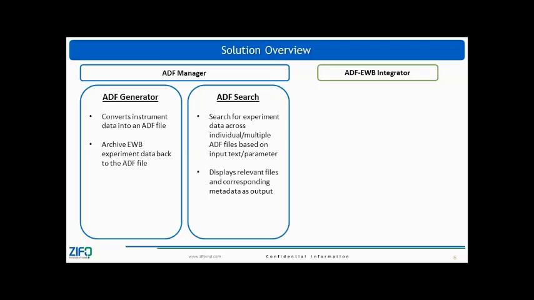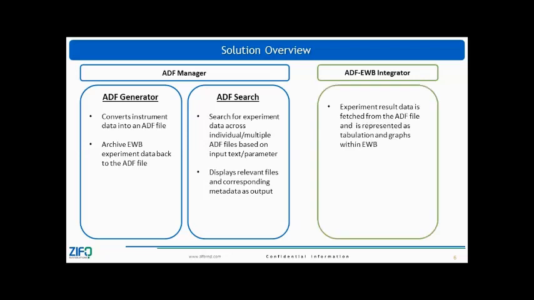Another feature is the search, which displays the relevant files and details. This search is based on the data package and data description layer, where we search the files and the content inside the file in the ADF, as well as the metadata where the data description is present. We are exploring the data cube functionality in terms of searching.